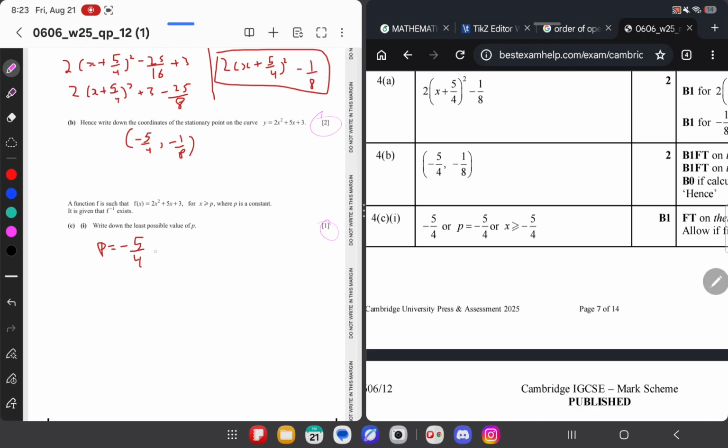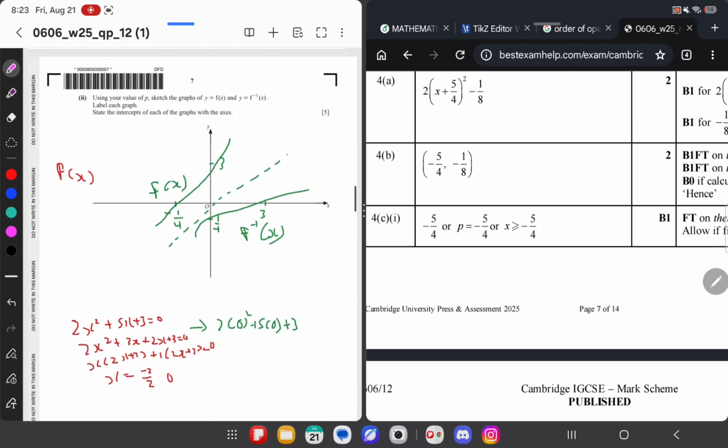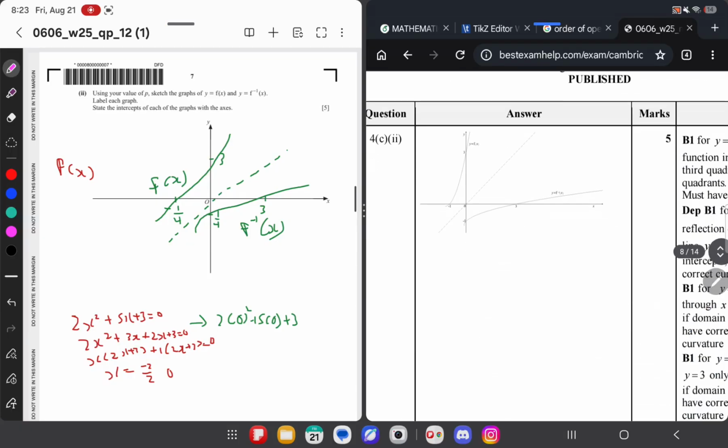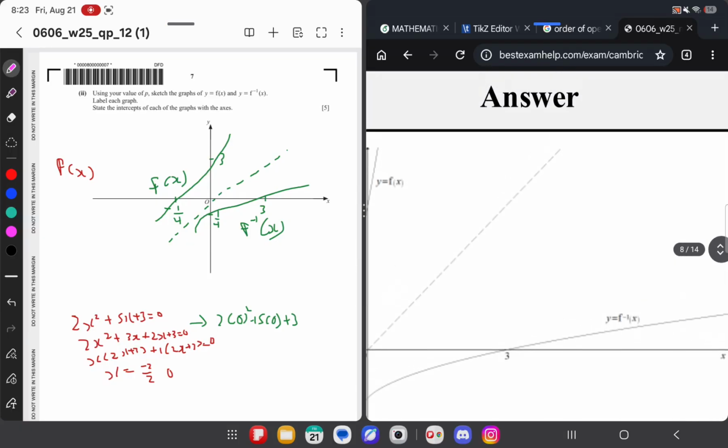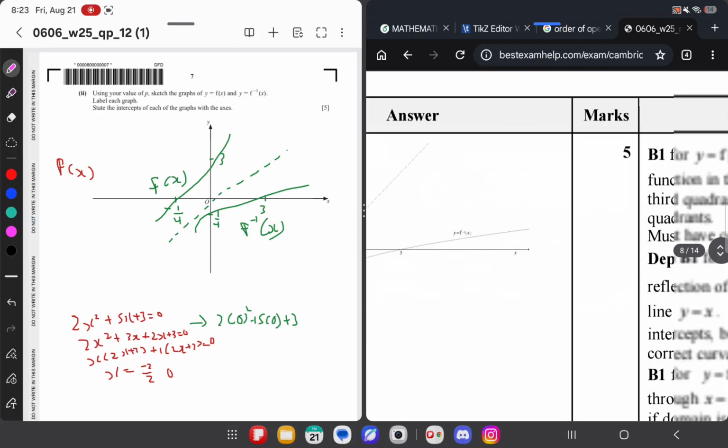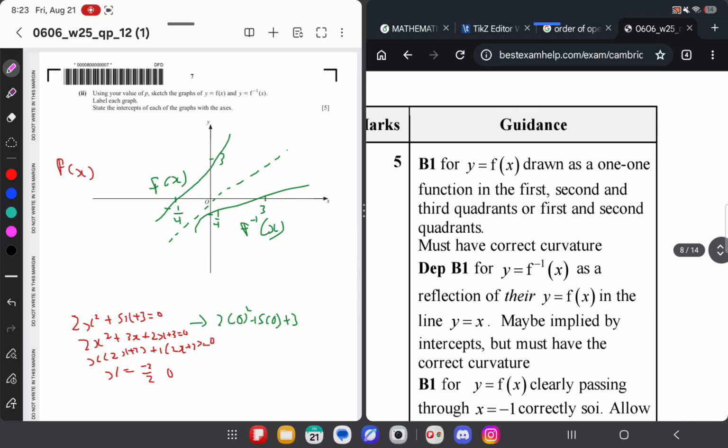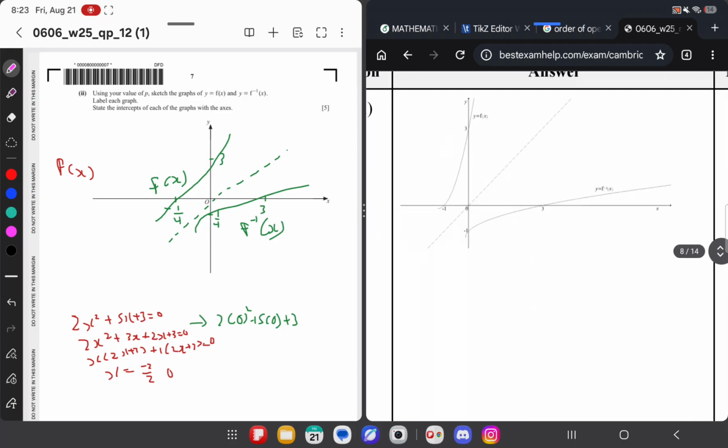Who cares? B1. So what do you get? This similar graph is pixelated. B1 for y is equals to f of x drawn as 1 to 1 function in the first, second, third quadrants or first and second quadrants, must have a correct curvature. Dependent B mark. Yeah, you can see like so.